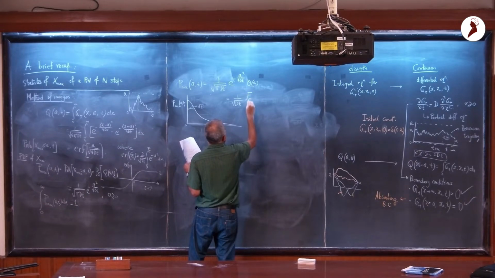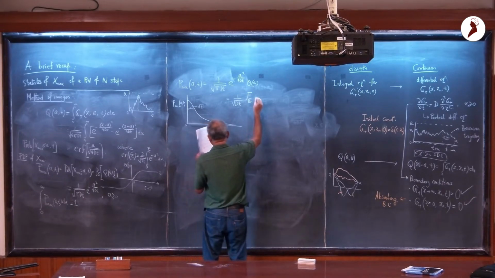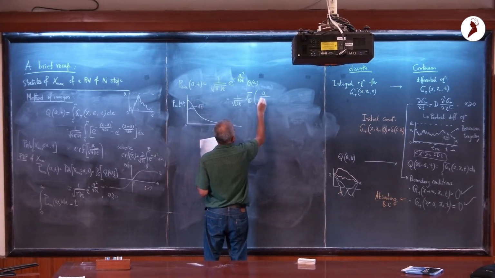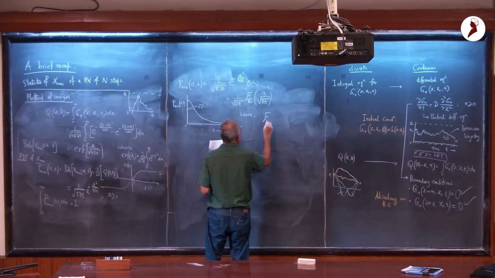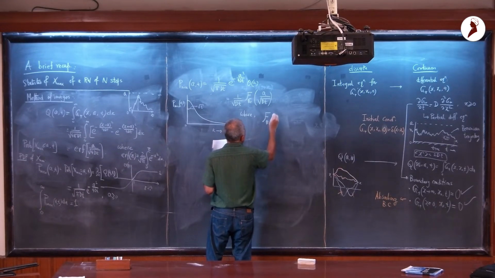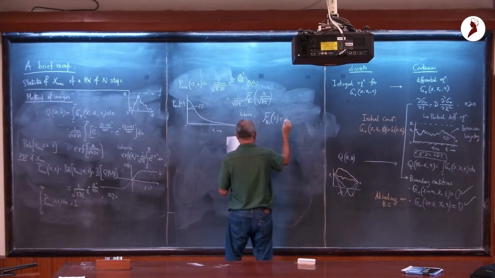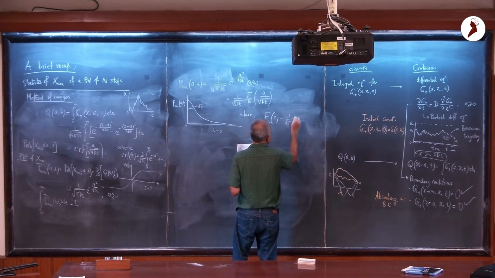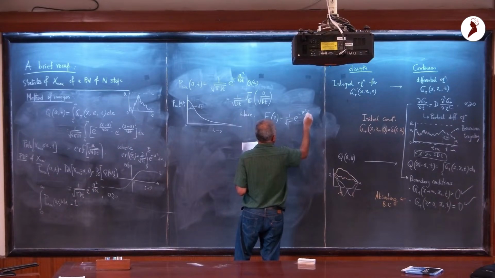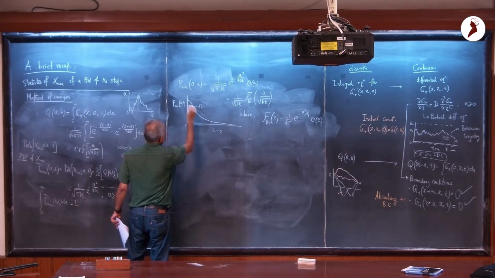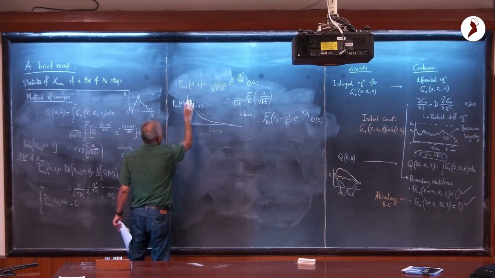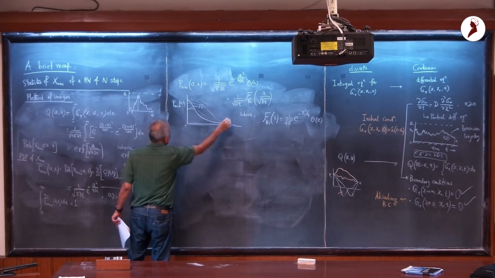The BR stands for Brownian. At different times, it will go like this, and this thing will decrease and become spread out, bigger and bigger.